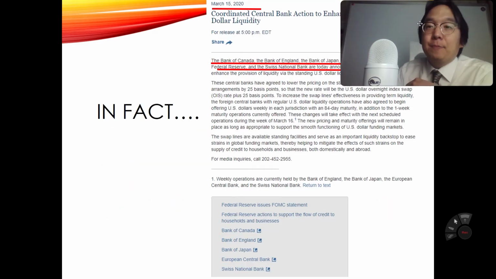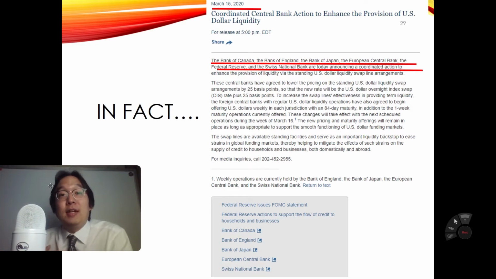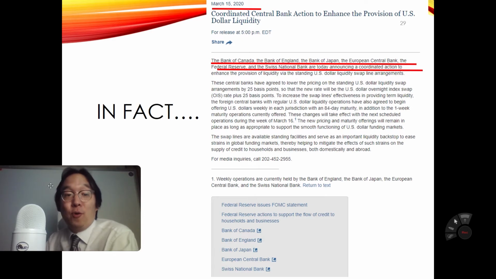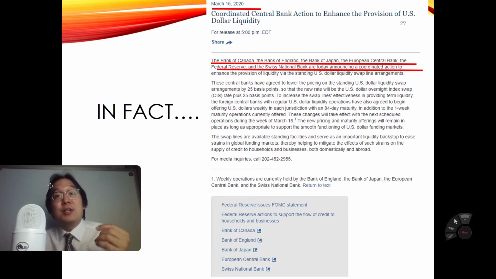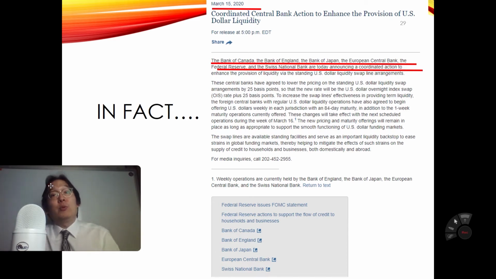And then here is another press release 4 days before, March 15th, okay? What was that? Coordinated central bank action to enhance the provision of US dollar liquidity. What?